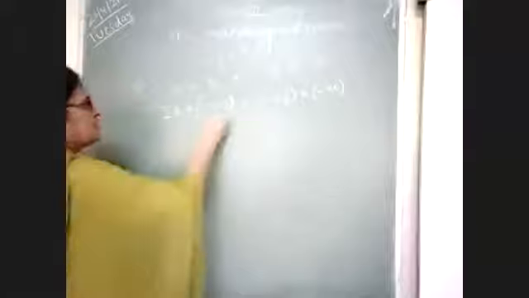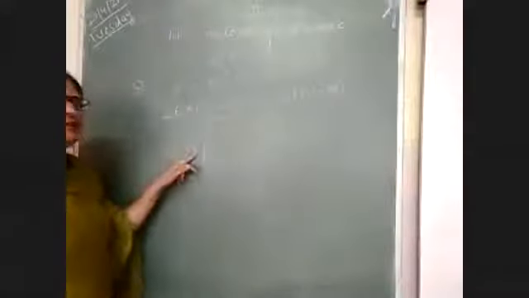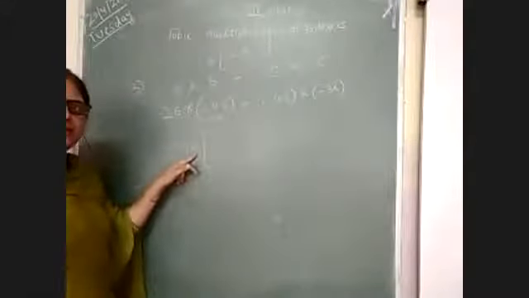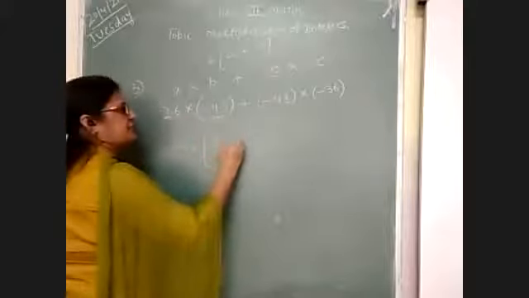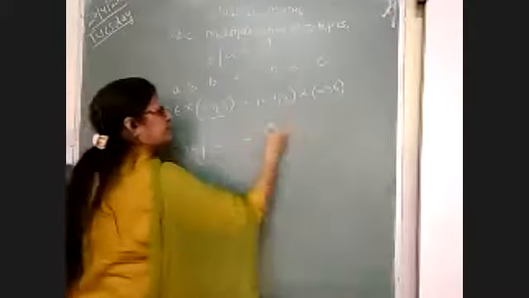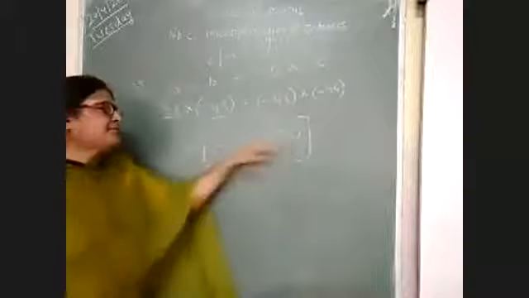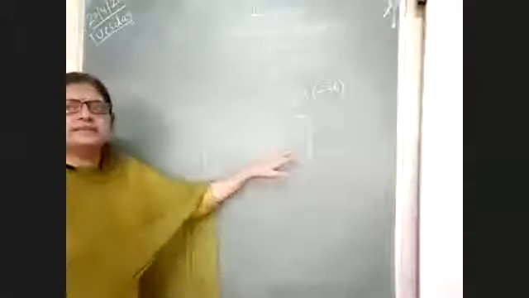Okay. So I will take minus 48 common outside the bracket. Okay, so here comes out 26 plus minus 36.